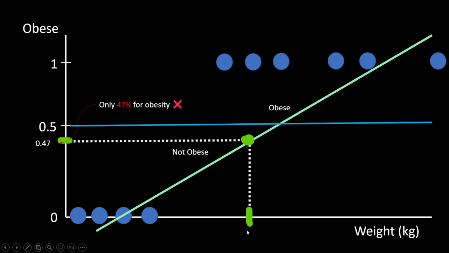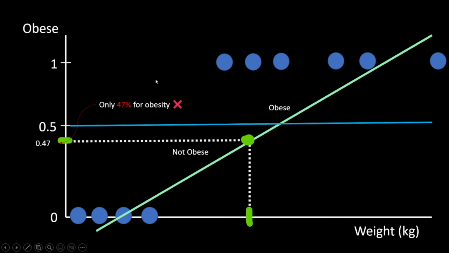So if we have a weight here, it should classify as obese, but the line changed. Now it classifies it as non-obese since it's below the 0.5 threshold, and now it's only 47% for obesity. And so it classifies it as not obese, which is incorrect.